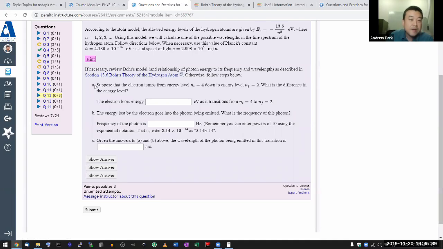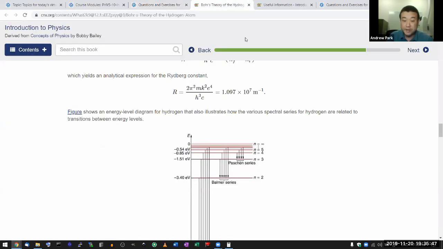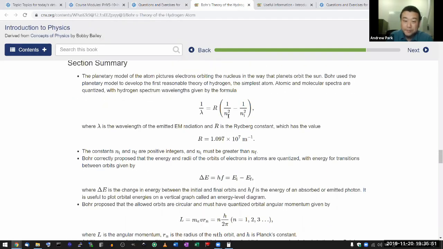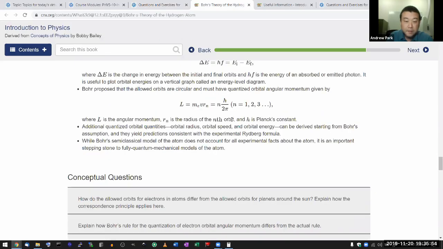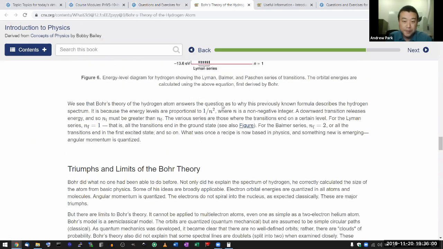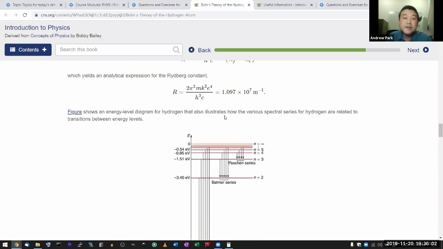It starts out with, suppose that the electron jumps from a given energy level down to another energy level. So what you're going to need is this formula here. I mean, there are other formulas too, but oh wow, it's not in the summary. There are other formulas too, but the other formulas are a bit more cumbersome to use.